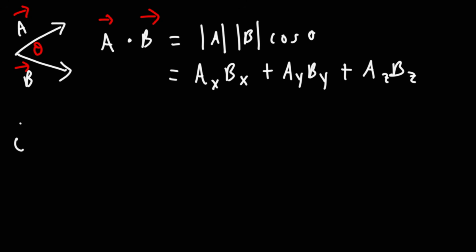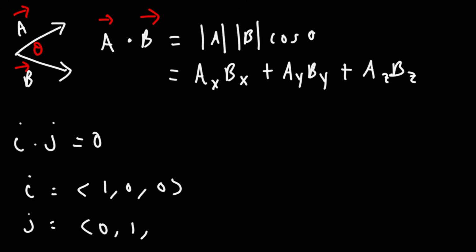Now let's show that i dot j is equal to 0. So for i, we know it's 1, 0, 0. And for j, it's going to be 0, 1, 0. So let's say this is ax, ay, az, and this is bx, by, bz.